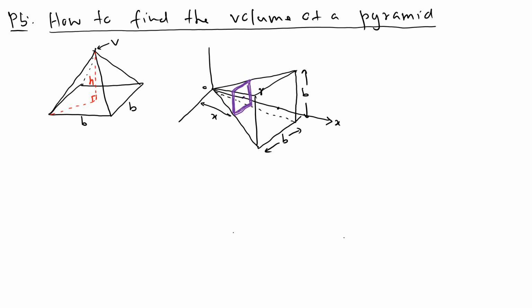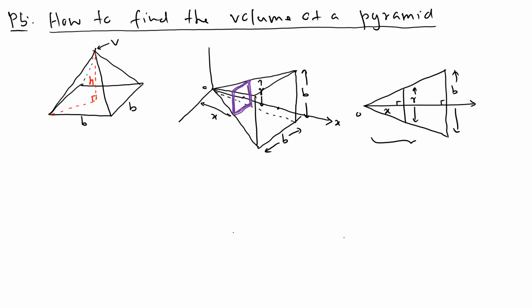So that's the length of one side of a typical cross section. You can draw it like that. So that's the base b, the typical cross section, and that's the x-axis. This is b, with 90 degrees, and this is r. That's what we're looking for, and that's the x distance from here. And this is h because we know the height is h.